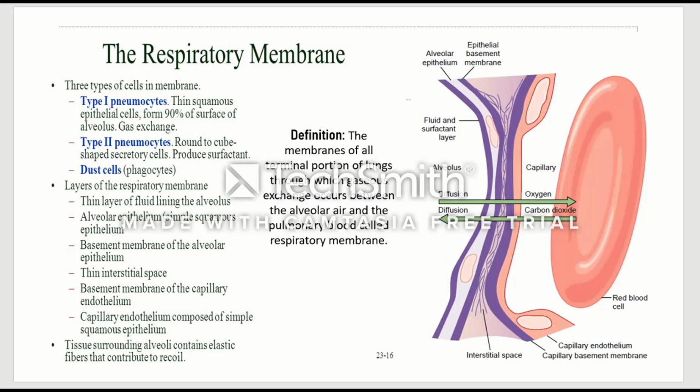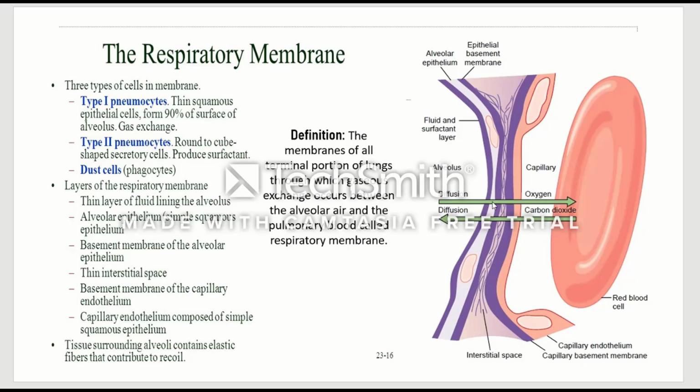Respiratory membrane টাও রিটেন কোশ্চেনে অনেক বেশি আসে। ডেফিনেশনের ক্ষেত্রে আমরা বলতে পারি the membranes of all terminal portion of lungs through which gaseous exchange occurs between the alveolar air and the pulmonary blood is called respiratory membrane, and it has 6 layers.